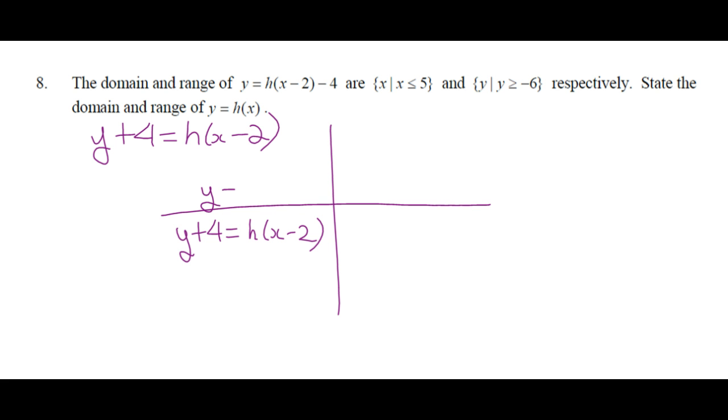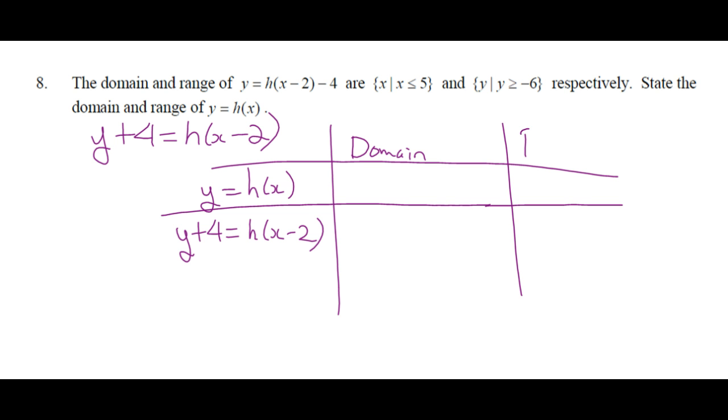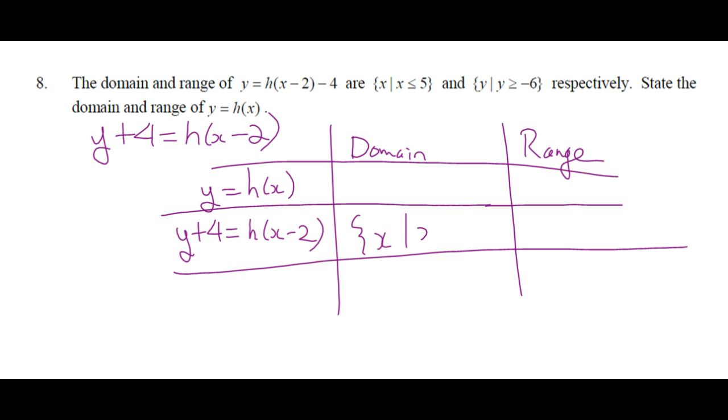Then we've got the original function, y equals h of x. And then we're going to list the domain and the range. And the domain and range of this, so it's the set of all x such that x is less than or equal to 5.